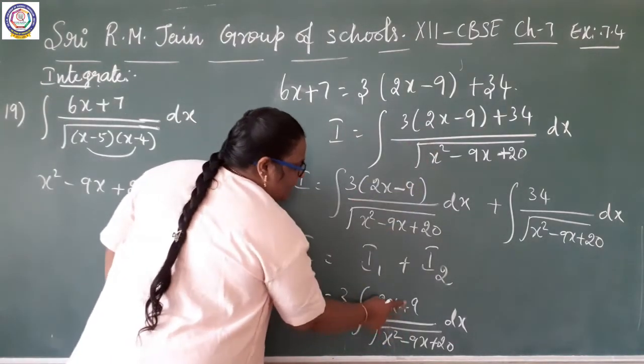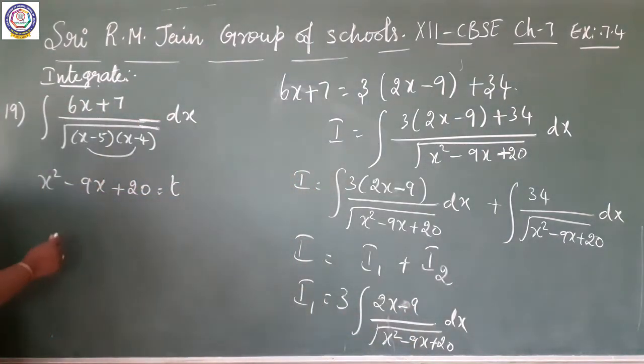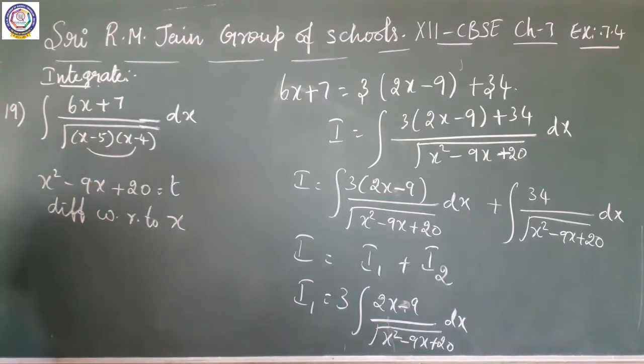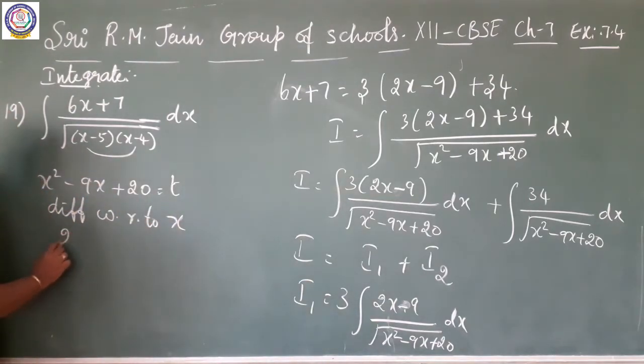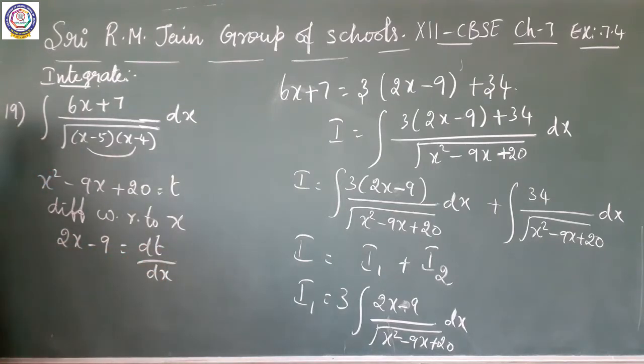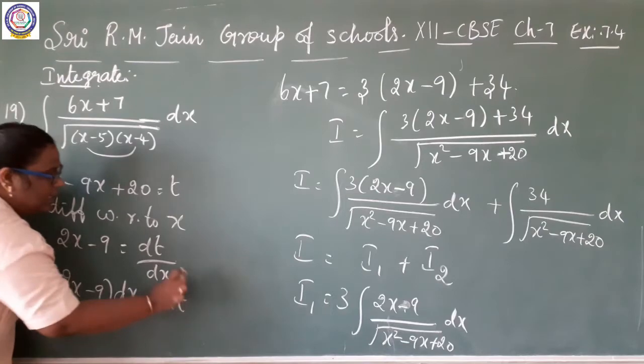Differentiate with respect to x on both sides. What is the value we are getting? 2x minus 9 equal to dt by dx. So bring dx to the left hand side: 2x minus 9 into dx equal to dt.